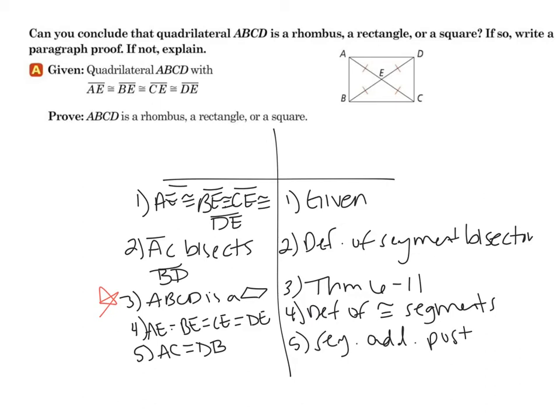So if we were to add AE and EC, it would be equal to the sum of BE and ED because they're all congruent to each other. Next, from there, we know that AC is congruent to DB, and that's by the definition of congruent segments.